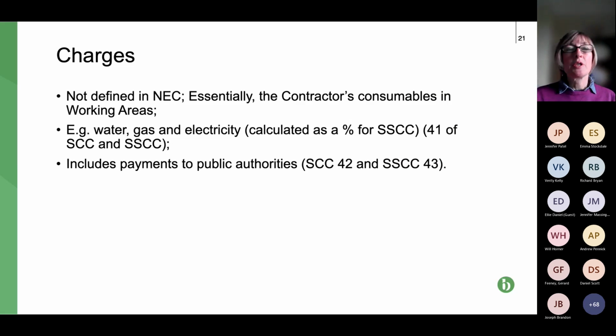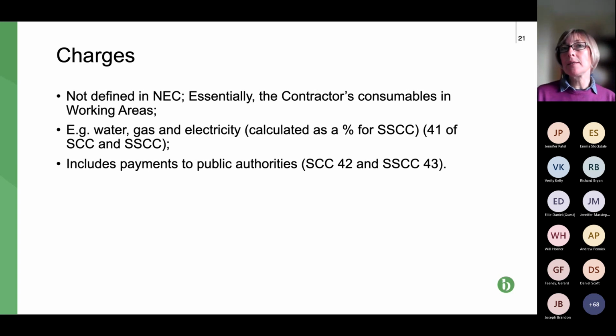So onto these charges, the miscellaneous costs, third-party costs, whatever you want to call them. Now, charges, it's not defined under NEC. As we've said, it's sort of a mixture. So it's third-party costs, it's consumables, and it's those sort of small equipment costs. So it includes your water, your gas, electricity.